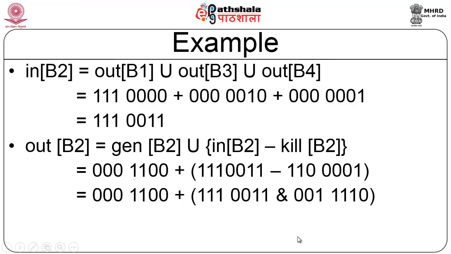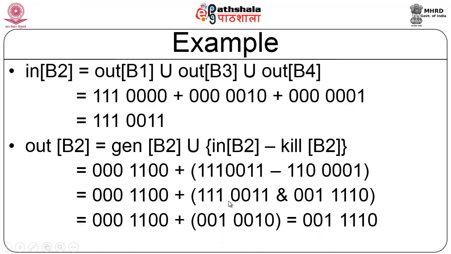And so, this should be ANDed. ANDing of these two will result in bit D3 set to 1 and bit D6 set to 1. Now, ORing of these two will result in 0011100 because there is a 1 here and there is a 1 here, that is why these two are 1, and D6 is a 1 and D7 is set to 0. So, this is how I compute.